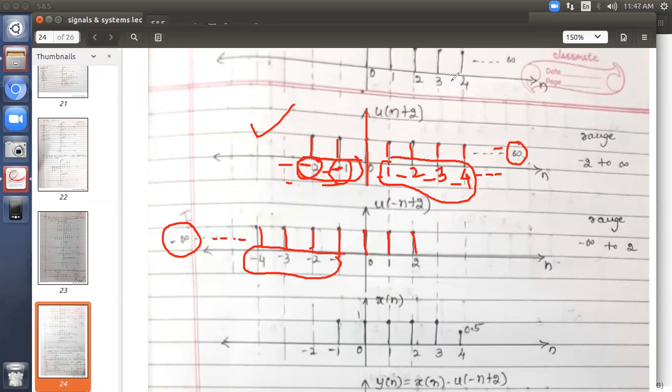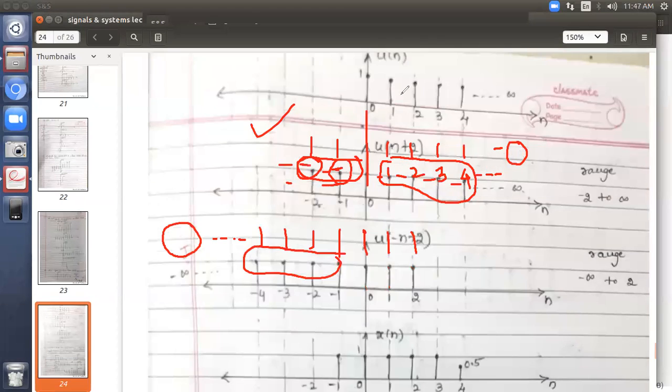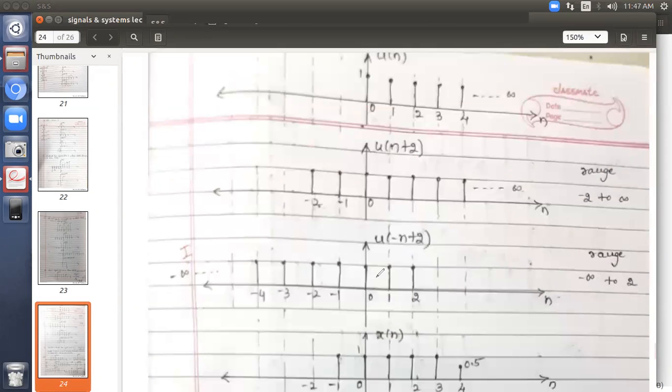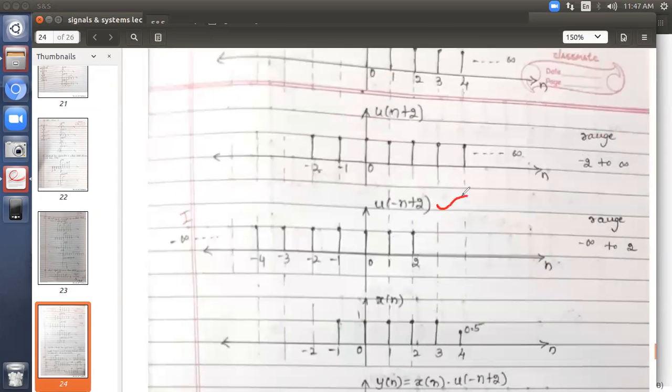Because if you observe your u of n, it is starting from 0 itself with amplitude. This dot indicates we have an amplitude at 0. Hence, don't forget this. Even 0 should be counted. 0 having no value doesn't mean it is unimportant. 0 is very important. So this is the reversal, or time reflection.